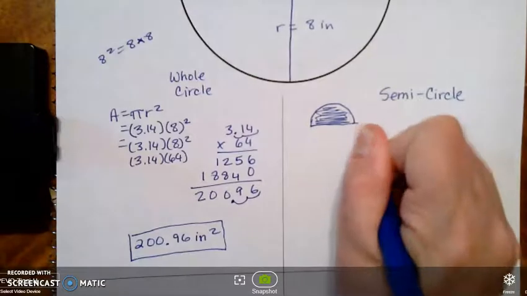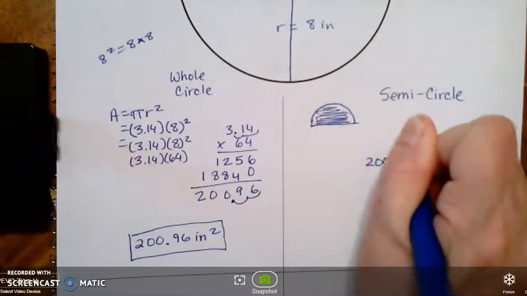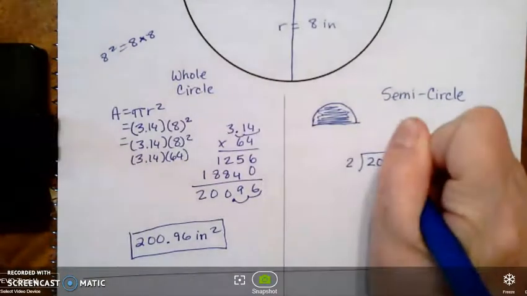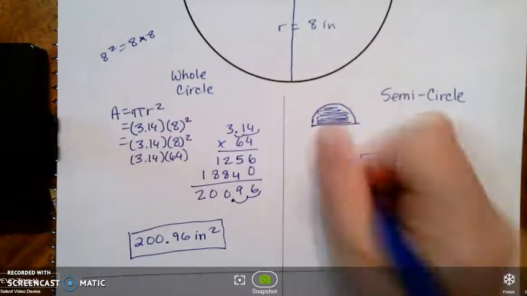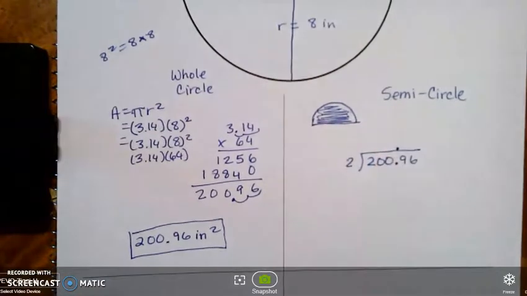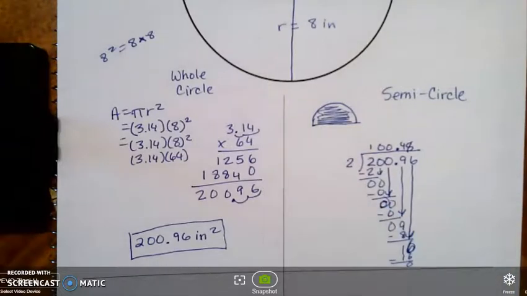Let's line this up. 200 divided by 2. Since there's no decimal here, I'm just going to put my decimal right there. What I want you to do now, carefully divide it, and then choose your answer. When you're dividing, you want to try to show your work neatly. I kind of messed up here, but I went back and double-checked everything, and this is what I got.